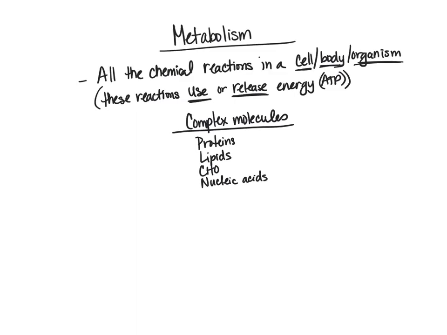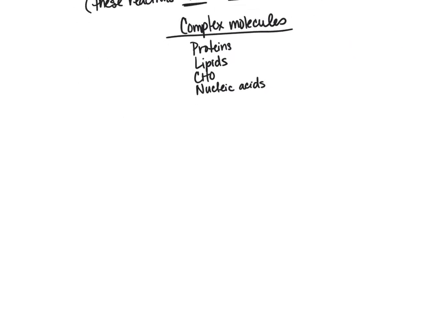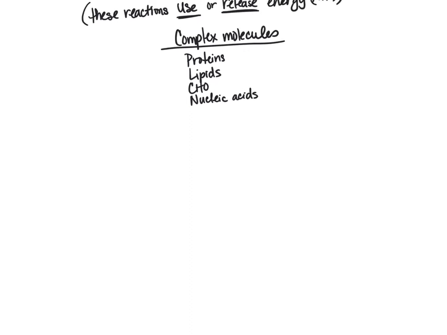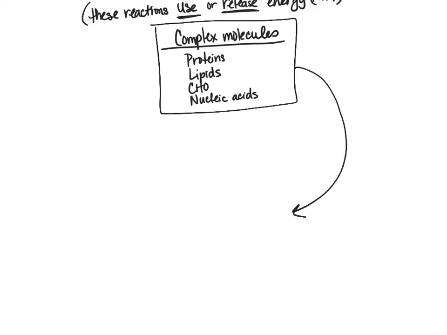These, by the way, are the 4 biological molecules that we're going to be talking about and looking at in much more detail as we move through metabolism. So these are 4 biological molecules you should know. I'm actually going to scoot this up a bit. So we have our complex molecules, and they can either use or release energy. We can go from our complex molecules into our more simple molecules.